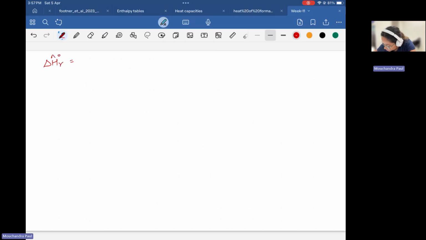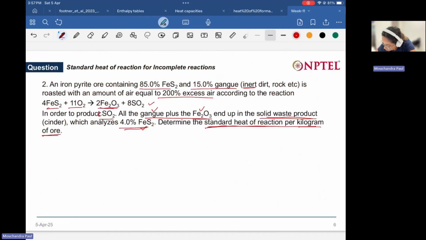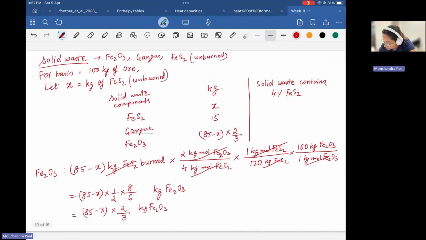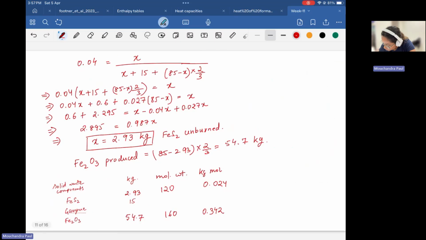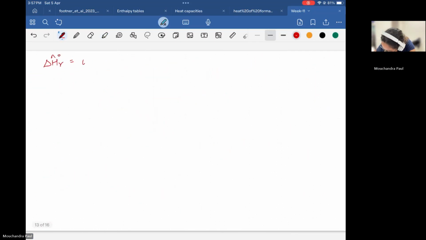So in the product side, our products are Fe2O3 and SO2. These two are the products. The number of moles for Fe2O3 is 0.342.